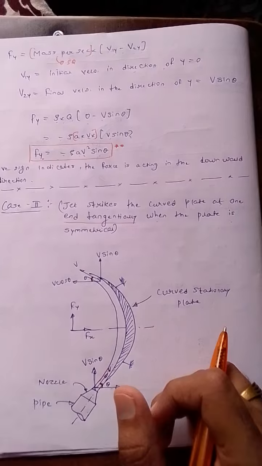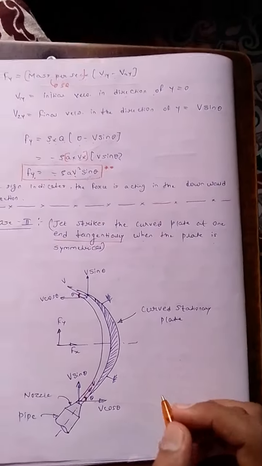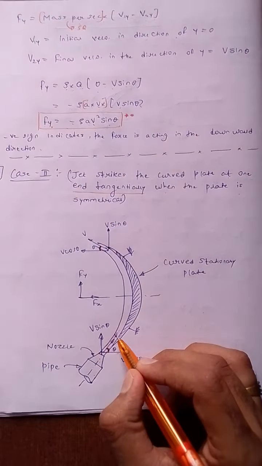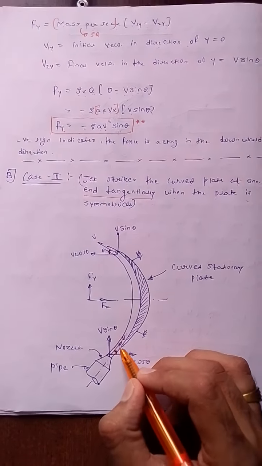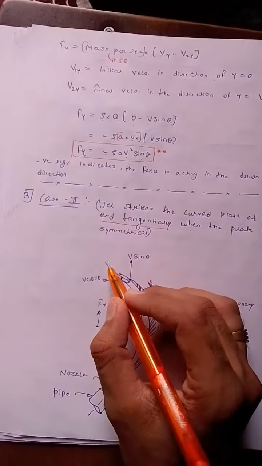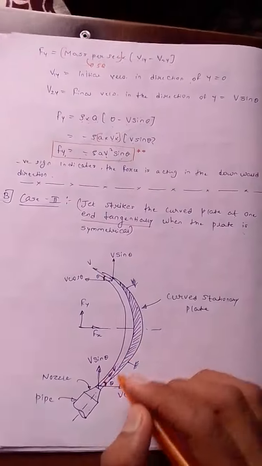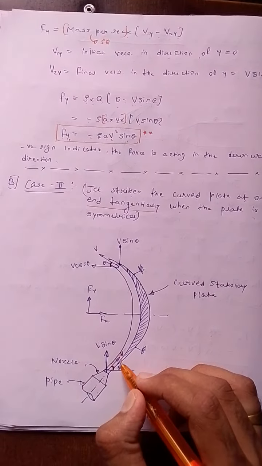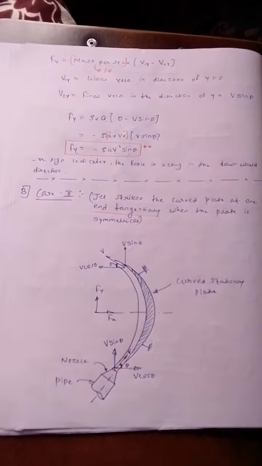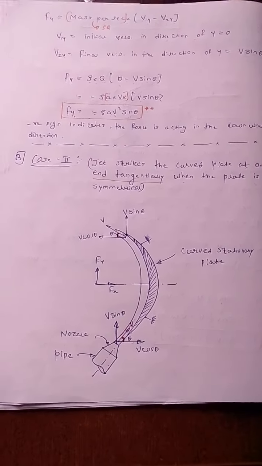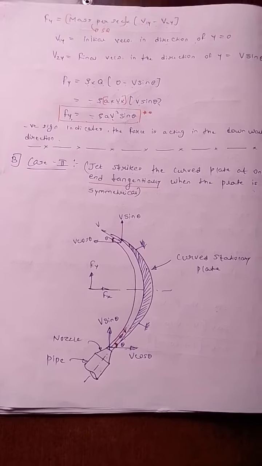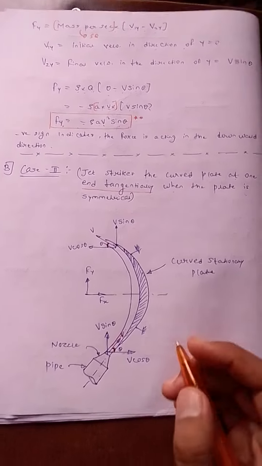Next point, v will be the velocity of the jet at the entering point or at the leaving point. Since v is not along the x or y axis, we will make components in the x direction and y direction.